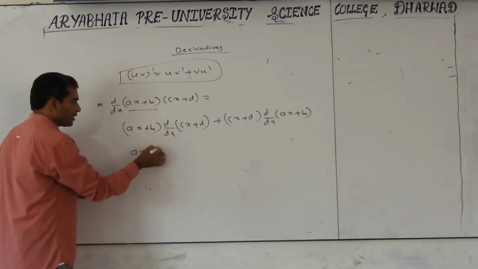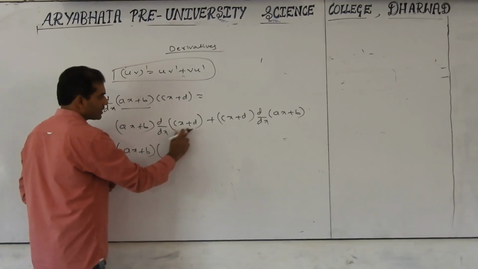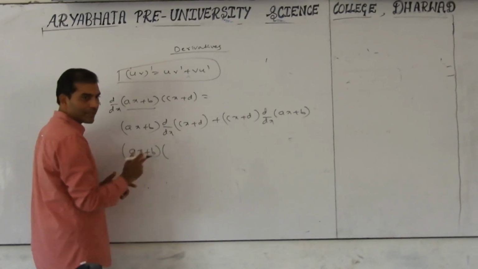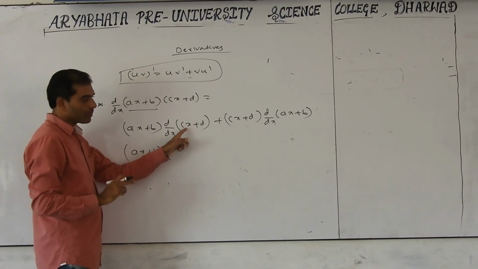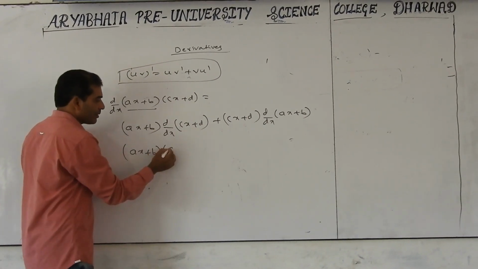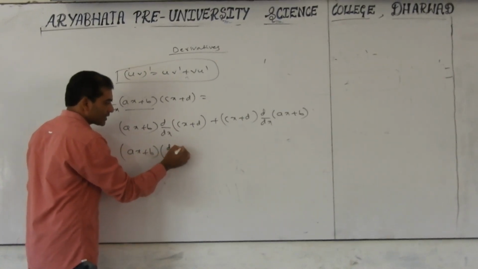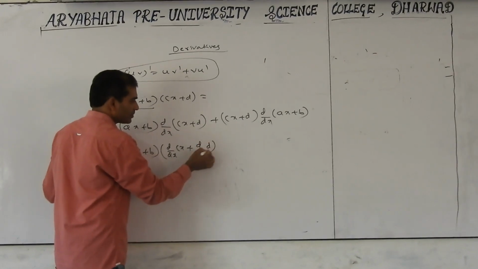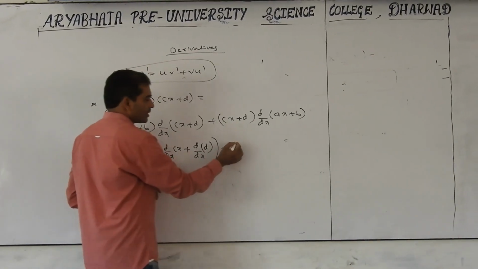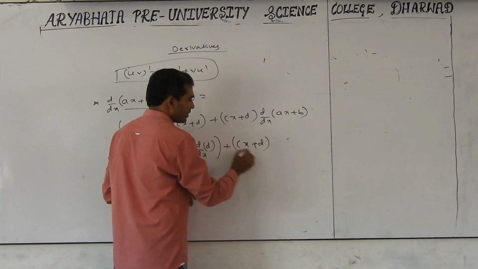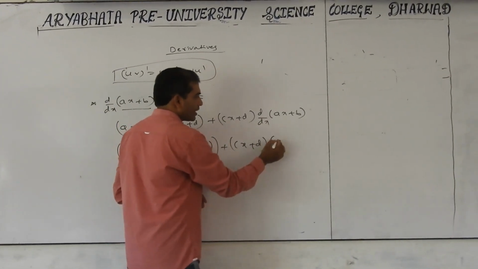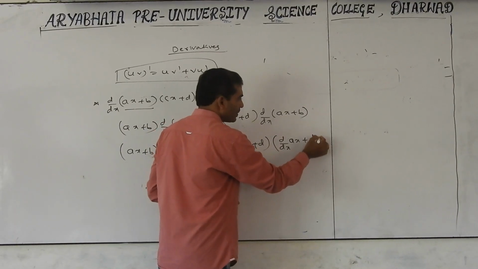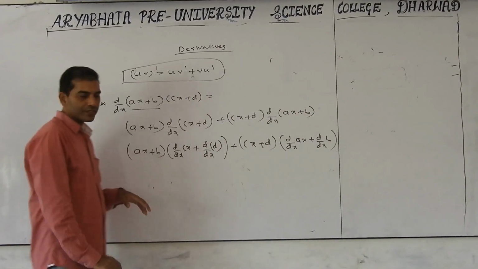This is how to find the differentiation of this, the u plus v method. Separate: d by dx of cx plus d by dx of d, plus (cx + d) times d by dx of ax plus d by dx of b. Right?